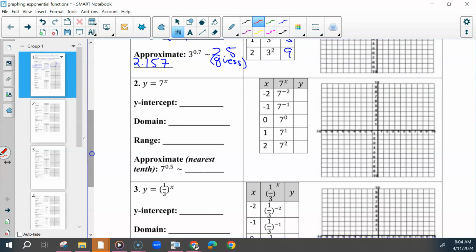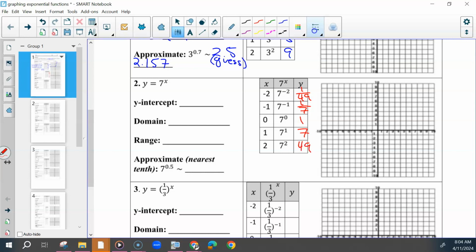What would 7 to the negative 2 be? 1 over, not 14, but what is 7 squared? 49. 7 to the negative first. 1 over 7. 7 to the 0. 1. 7 to the first. 7 squared.